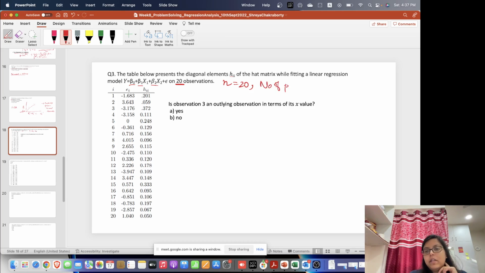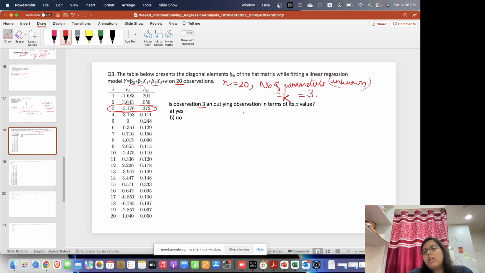The number of unknown parameters to be estimated, that is k, is 3. We have been asked, is observation 3 an outlying observation in terms of its x value? We have to assess this using the hii value that we have.